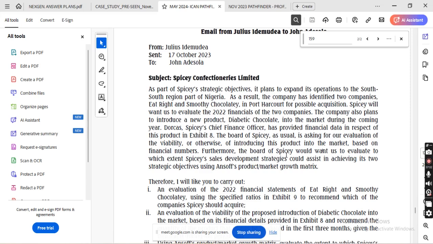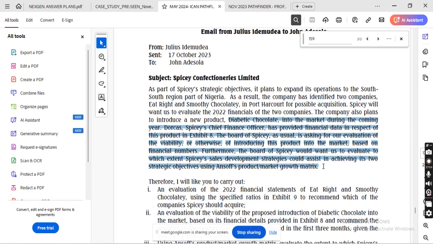Furthermore, the board of Spicy would want us to evaluate to which extent Spicy's sales development strategy could assist in achieving its strategic objective using the Ansoff growth model. Now, since we did not read the pre-seen, that would have given us an insight that we will use a business model.